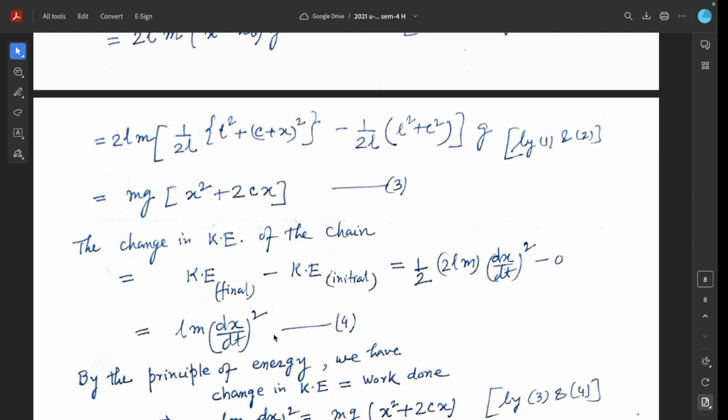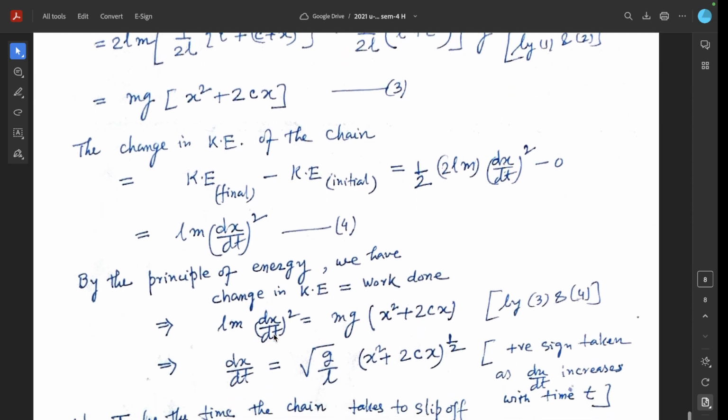The change of kinetic energy in the chain is the final kinetic energy minus the initial kinetic energy. The final kinetic energy is half of mass into velocity square, minus the initial kinetic energy at rest, which is 0. So we get Lm into dx by dt whole square, equation 4.